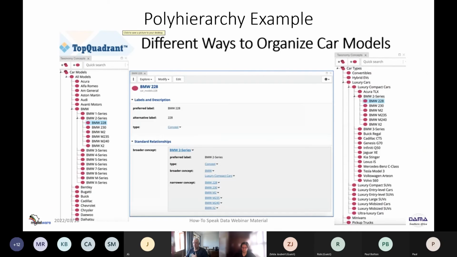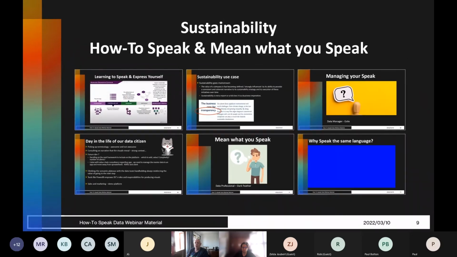Okay, keep going. All right, so what you can do is you have what's called a polyhierarchy, and you can see BMW 228 being part of the car types and also being part of the car models. And I think I shared this with you last week, where in working with the central bank, we were cataloging time series, and it is possible to get to those time series and drill down to find out what assets you have using these different hierarchical structures.